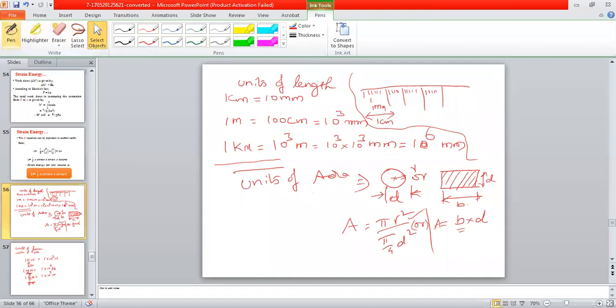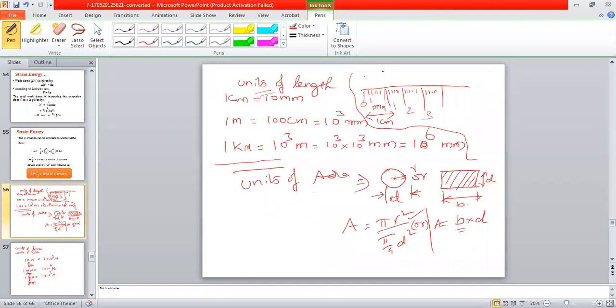First unit is length units. If you take a scale, the length is measured by the scale. Here it will be 0, 1, 2 and 3. From 0 to 1 is a main scale division.